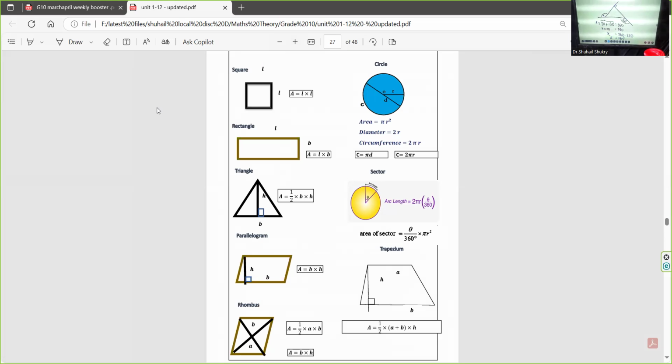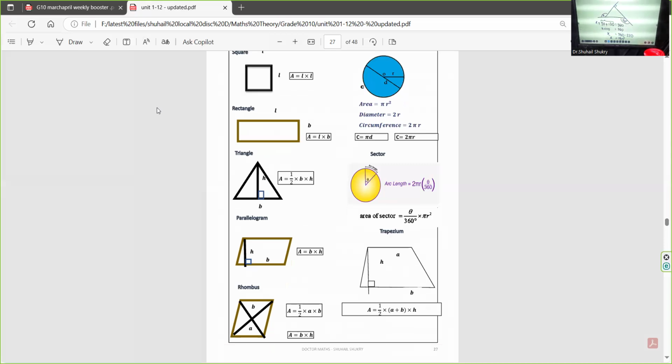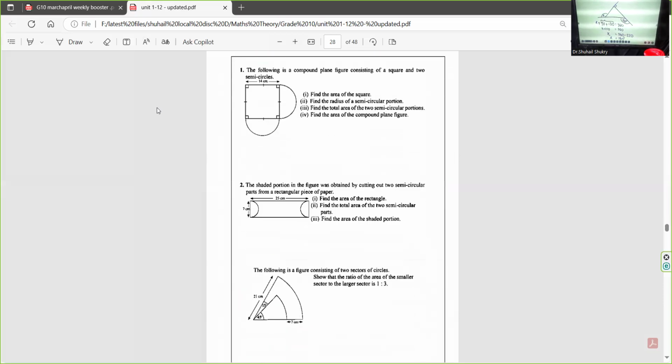Rhombus has two formulas to find the area. Except that, all the other shapes have only one formula. If you can't remember the formulas, at least you can go and check formulas and do these questions today. This is a definite question which will come in O levels, so carefully do this part.